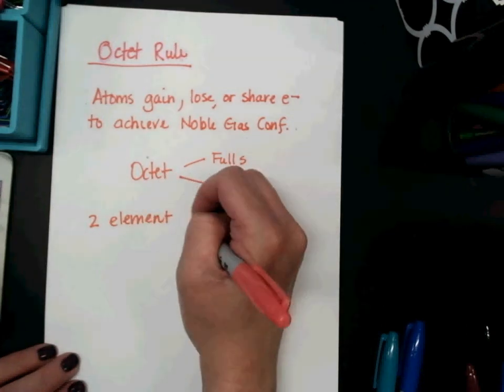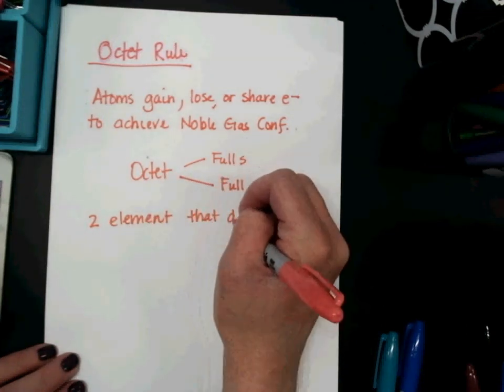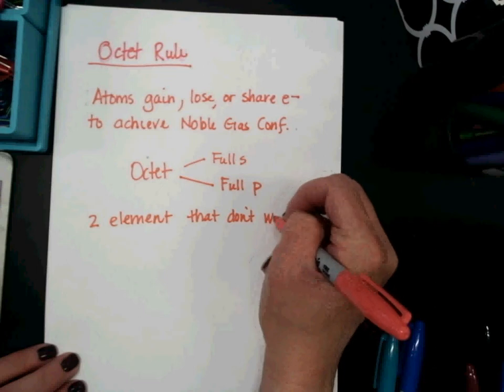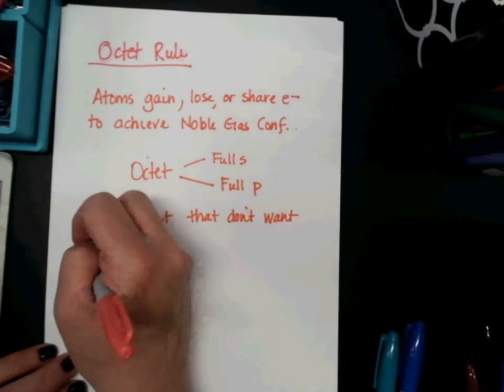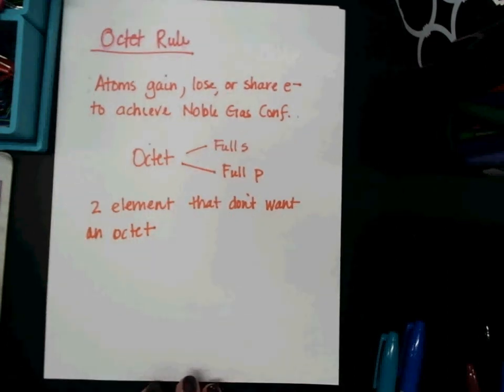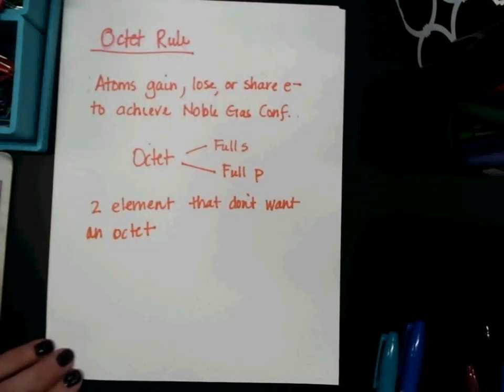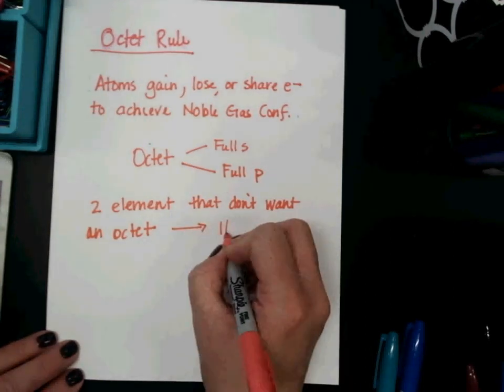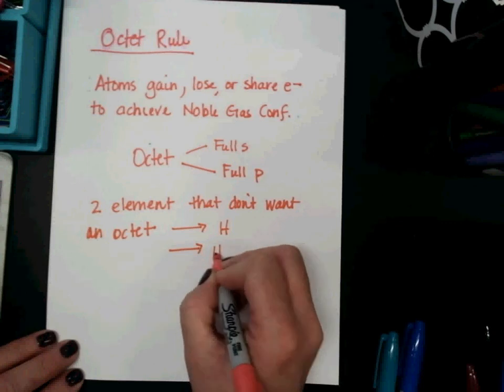We have 2 elements that don't want an octet for sure. Now, not all of our transition metals always have octets. We'll talk about that later. But we have 2 elements that never want to have an octet.